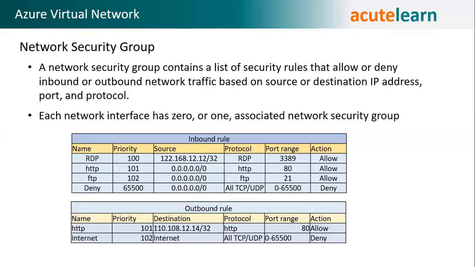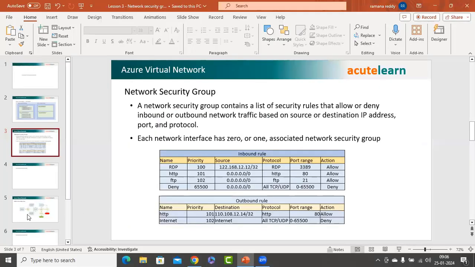Based on the requirement, we can create allow rules or deny rules, and restrict or allow the communication from the sources. Now, network security groups can be applied at the subnet level. Let's understand how that can be helpful.